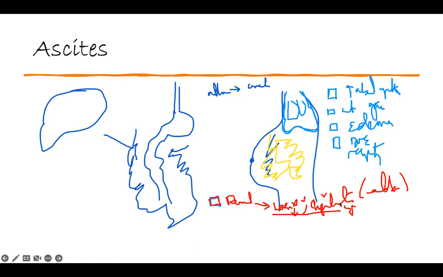So you can balance it out. That means you have to watch their potassium. So remove the fluid by letting them pee it out using diuretics, or you can do paracentesis.